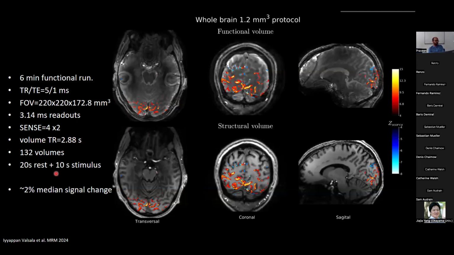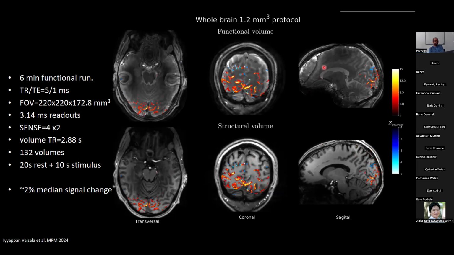So it's the same setup otherwise, 6 minutes, 10 seconds rest, 10 seconds stimulus. And because we reduce the TR, we also reduce the signal change, which drops to 2% from 3.5% median. But otherwise, the activations are more or less localized in the gray matter.